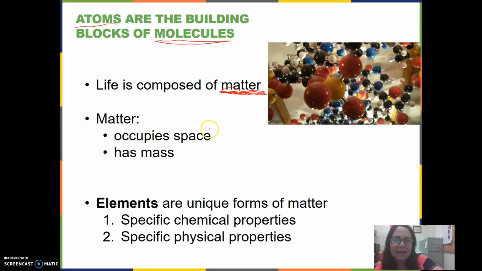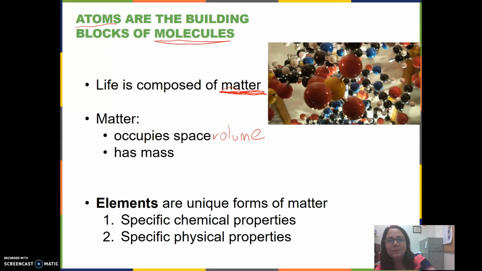In other words, it has a volume and has a mass. Sometimes we say weight, but it takes up space and it has a mass. So that could be anything from solids, liquids, gases, and there are actually some other forms of matter called plasma, but in biology, we just stick with solids, liquids, and gases.